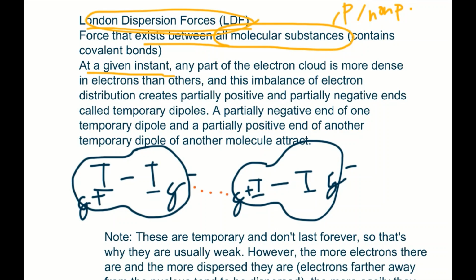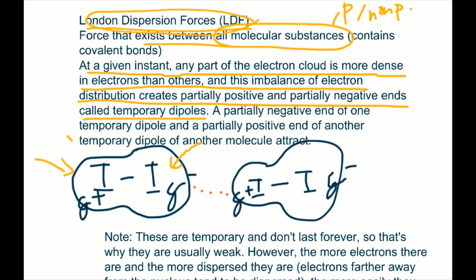At any given instant, any part of an electron cloud can be more dense in electrons than other parts, and this imbalance of electron distribution creates partially positive and partially negative ends called temporary dipoles. So in this example, you have a cloud, and there's a higher electron density on the right side than the left side at any given instant because electrons move around randomly and nobody's perfect.